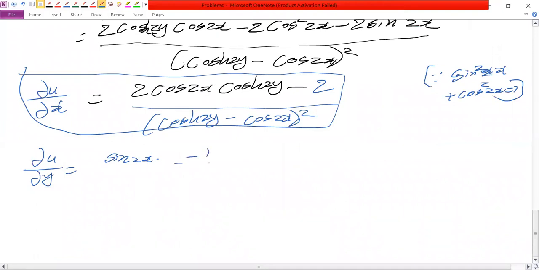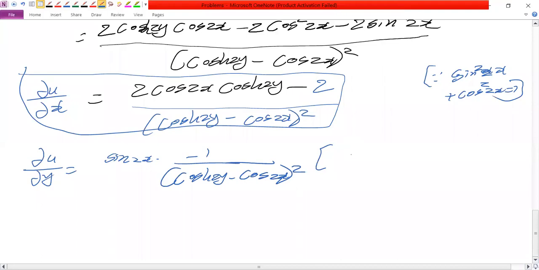(cosh 2y minus cos 2x) whole square into, again, the differentiation of cosh 2y minus cos 2x with respect to y, partially with respect to y. Treat x as constant.